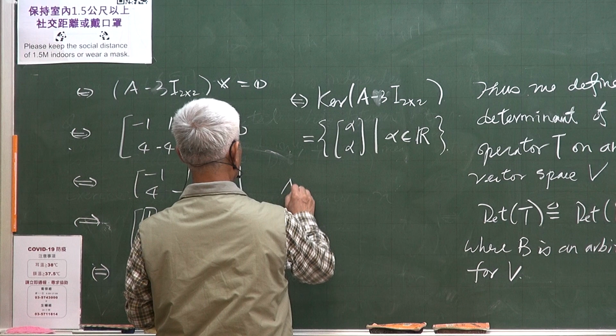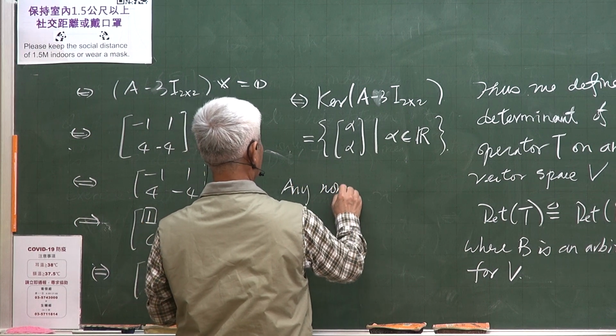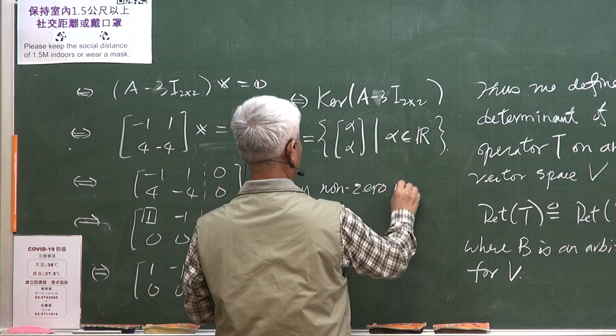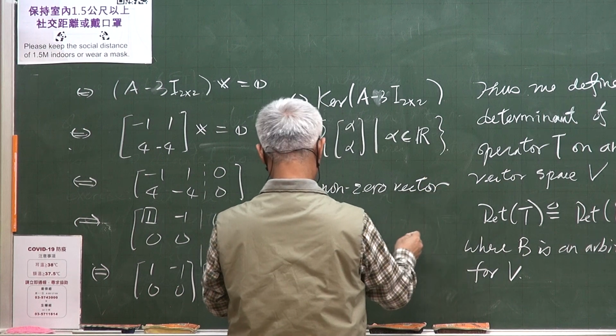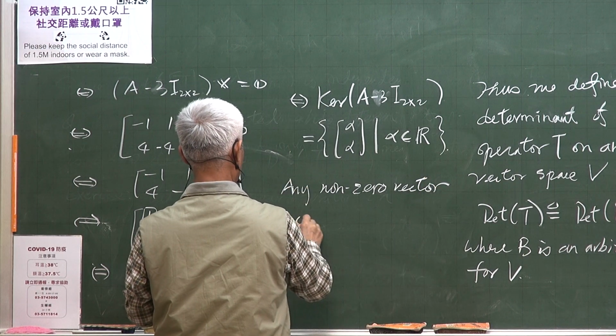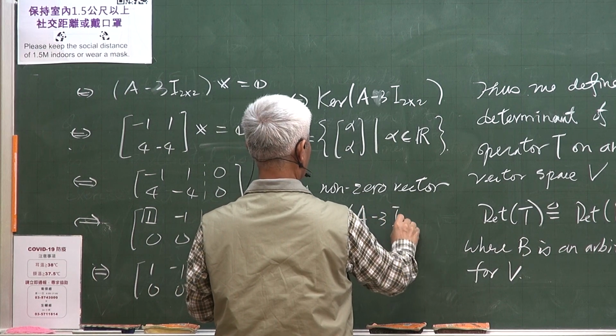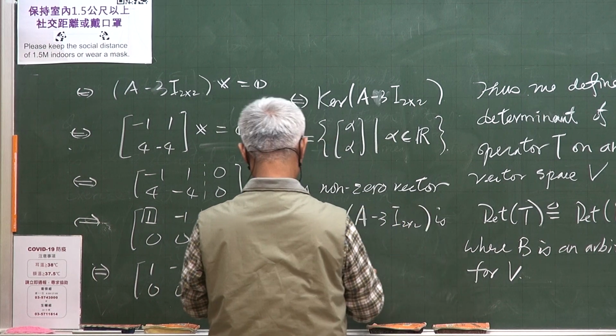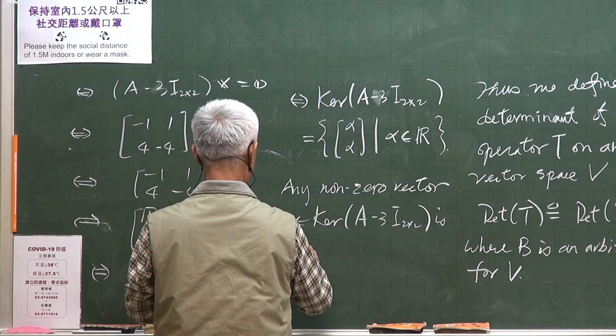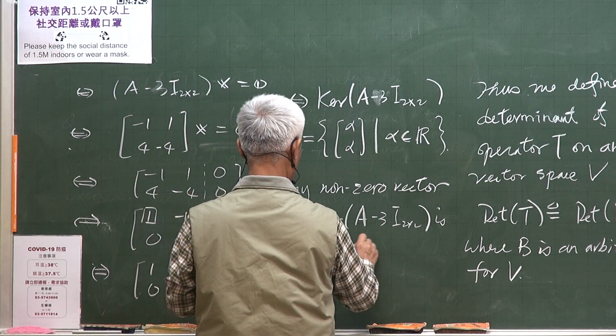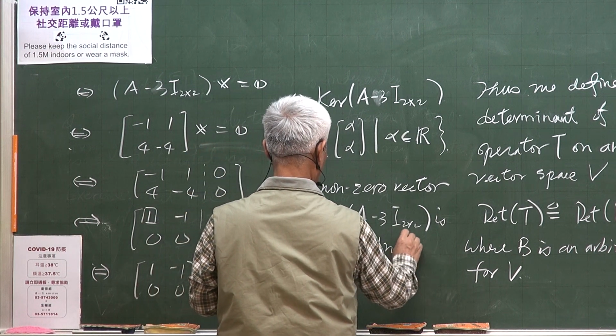So any non-zero vector x in the kernel of A minus 3I, 2 by 2, is the B coordinate. Right?